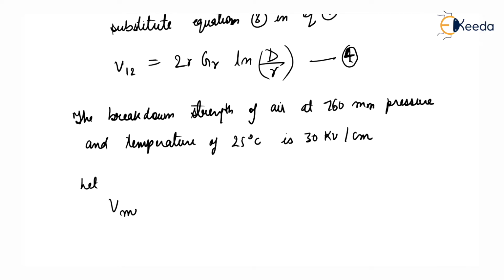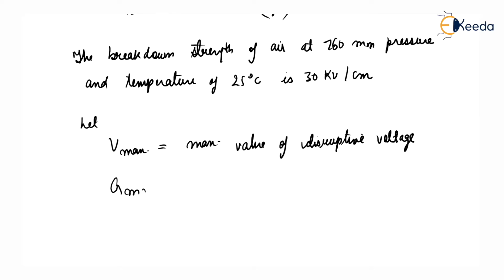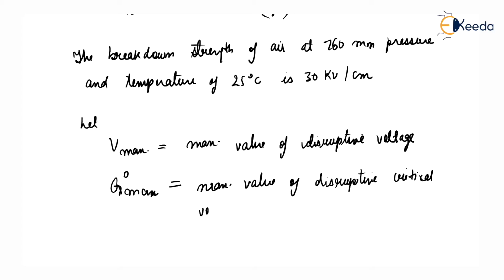So let V max be the maximum value of disruptive voltage, and g max degree be the maximum value of disruptive critical voltage gradient.